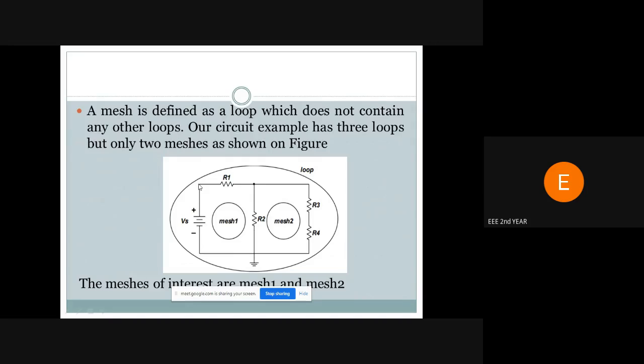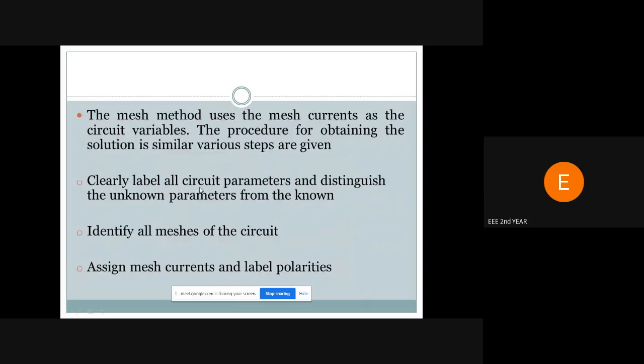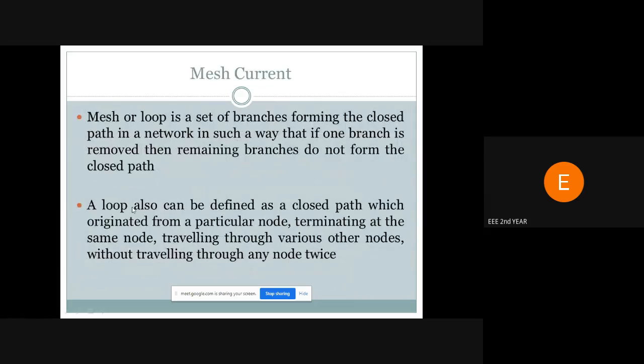The starting point and terminating point are the same in a loop, whereas that is not the case in a mesh. A loop is a closed path which originates from a particular node and terminates at the same node itself, traveling through various other nodes without passing through any node twice.